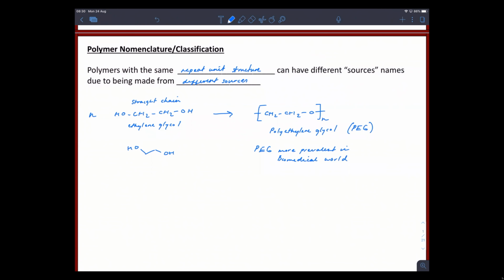You can see it's called polyethylene glycol because the monomeric units are called ethylene glycol. Now for the cyclic structure, you have ethylene oxide.